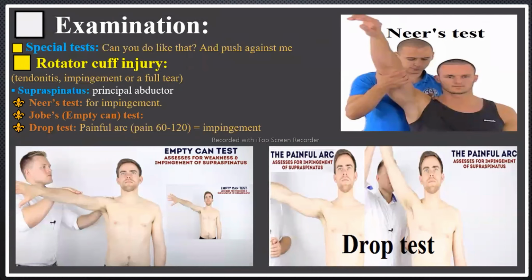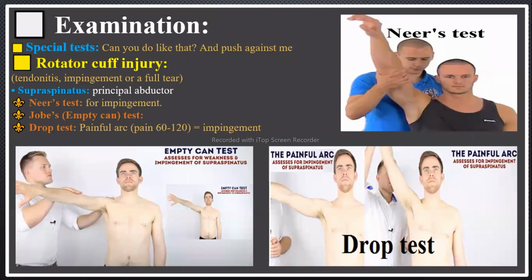So with any test you are doing, ask the patient for resistance. Ask him to resist you, and also look at his eyes for pain. So you will rotate his arm and look at his face. If the patient has good resistance, it's good. You are resisting the examiner, it means the muscle is effective, right?